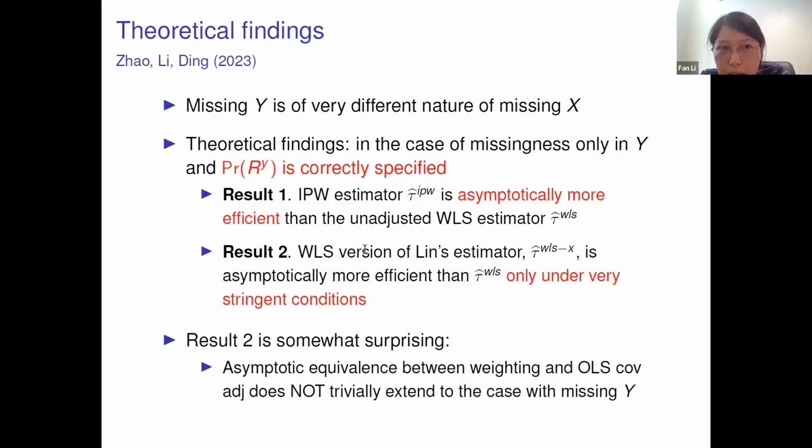But the funny thing is, once you have missingness in Y, the interpretation of local efficiency changes.